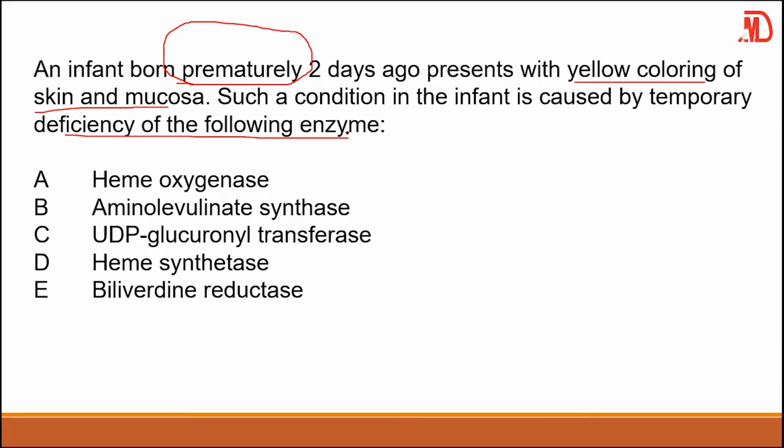Guys, we've talked about this like a million times. Now this person is developing a yellow coloration. When you have a yellow coloration, what does it mean? What chemistry are they talking about? Jaundice.